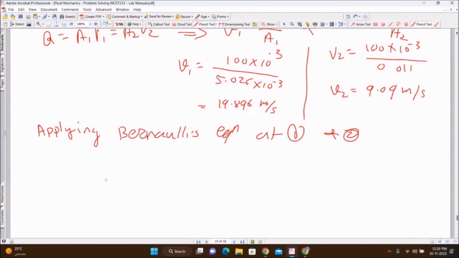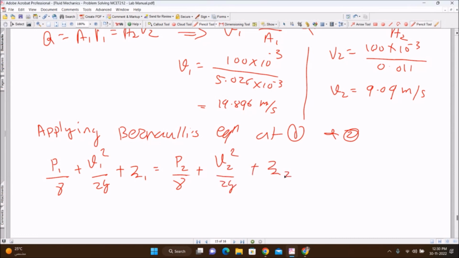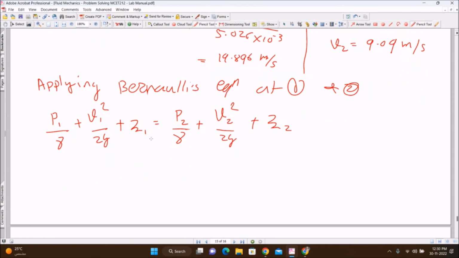Energy at inlet is P1 by gamma plus V1 square by 2G plus Z1 is equal to P2 by gamma plus V2 square by 2G plus Z2. Collect the pressure terms, and we'll collect Z1 minus Z2 on that side.